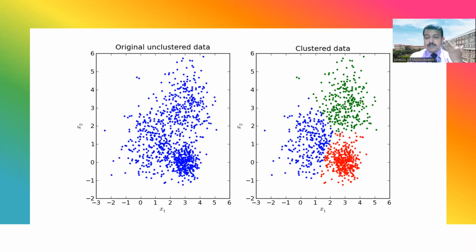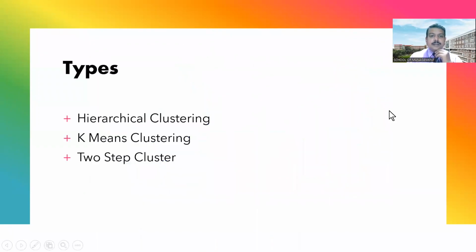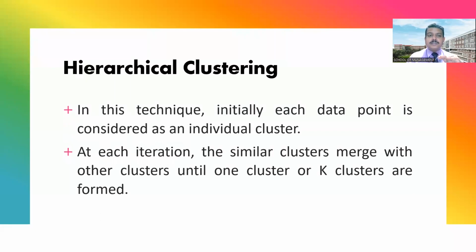We could give them some targeted offers. We could run targeted campaigns for cluster-specific customers. So for that, we use the clustering technique. In SPSS, we have 3 types of clustering: hierarchical, k-means, and two-step cluster. We are going to see hierarchical and k-means cluster in this session.